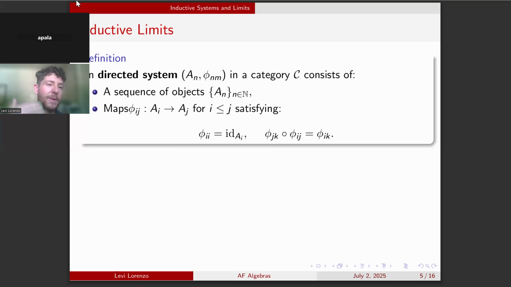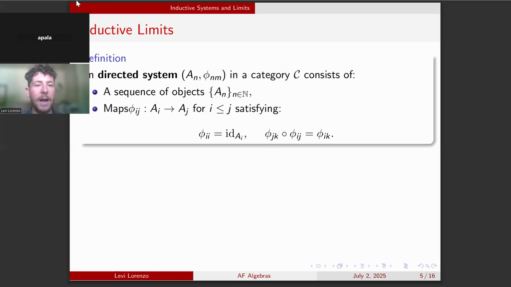Once you're familiar with this construction in a more general setting, you can see that it's just the same construction working in a different category, and it turns out K-theory behaves very well with respect to these things. For me personally, I think K-theory is a lot of the value of C-star algebras. I know we're not getting to that, but it's hard for me to think about AF algebras without thinking about K-theory.